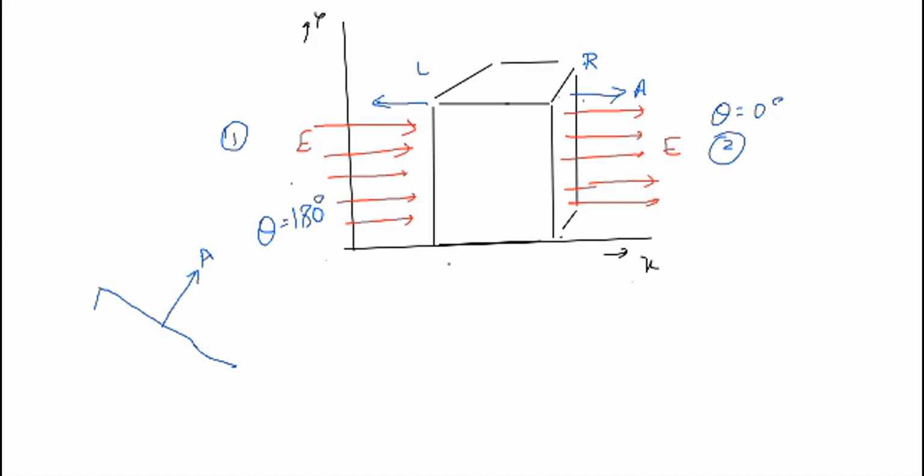Now I place some electric field lines passing through it. These electric field lines make an angle theta with respect to the axis. So the effective area is A cos theta.